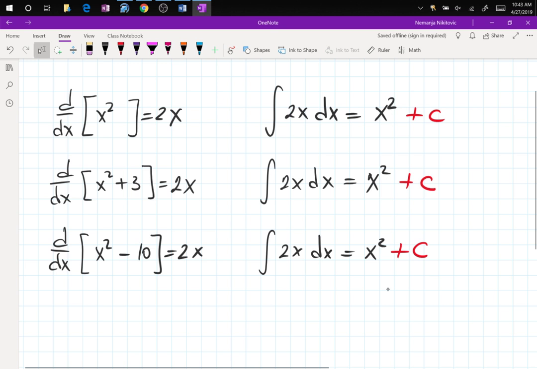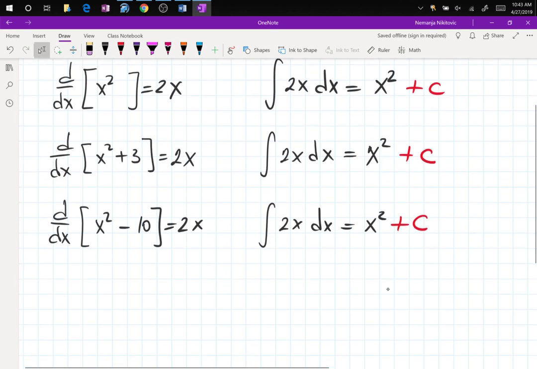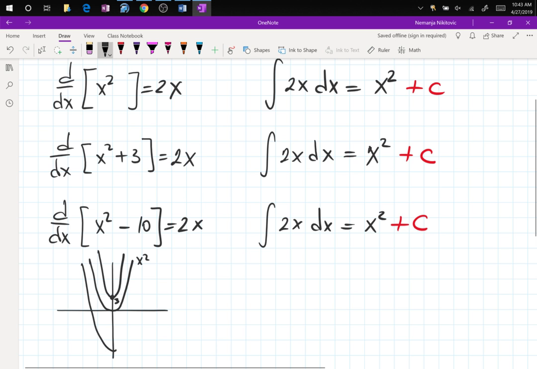Now, there are ways to compute it if you have something that is called an initial condition. Now, I need to explain what that is. If you are looking at these functions, all of them can be graphed. I have this one, which is x squared. I have the one that is going through 3, and I have the one that's going through negative 10.